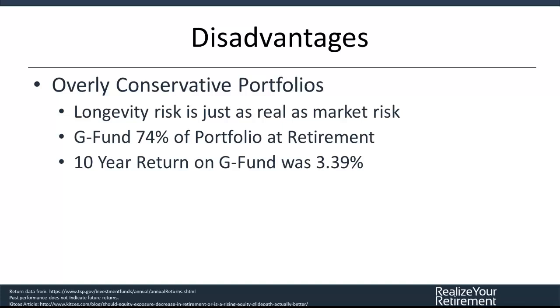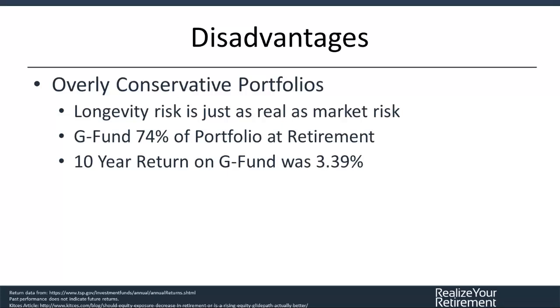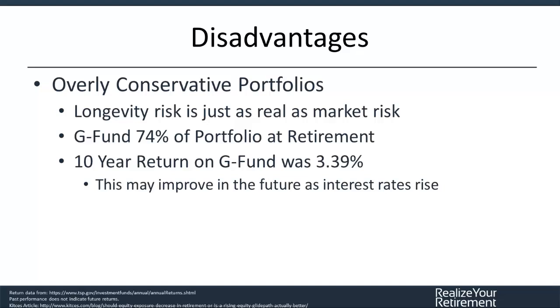While this may improve as interest rates rise, it's difficult to support a retirement income with such a large amount invested in short-term bonds. You see, when you have 74% in the G fund and 6% in the F fund, there's only a 20% allocation to stocks during retirement, which, as I mentioned, significantly decreases the potential returns and survivability of the portfolio.